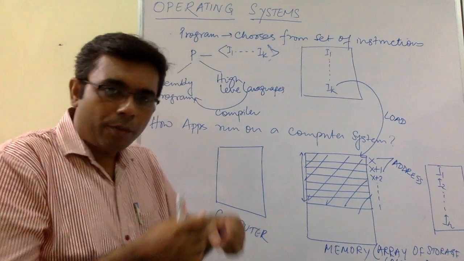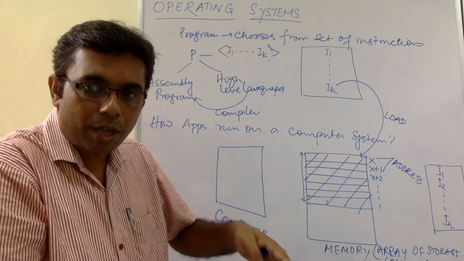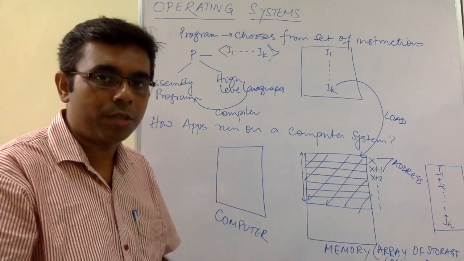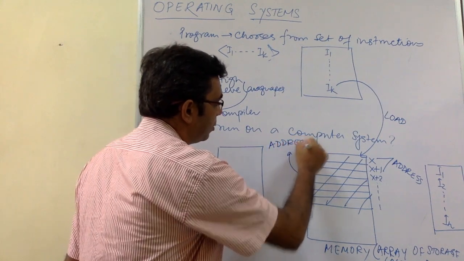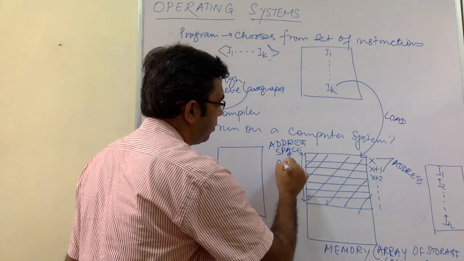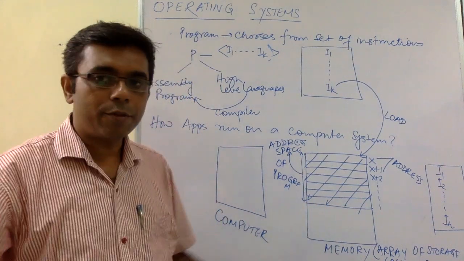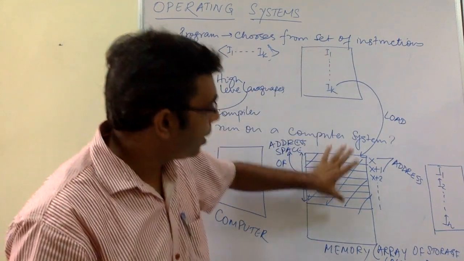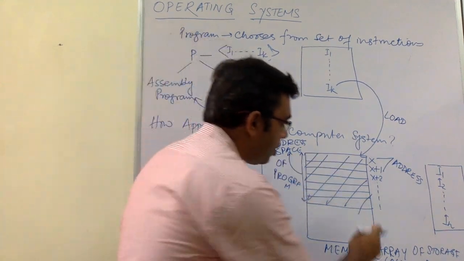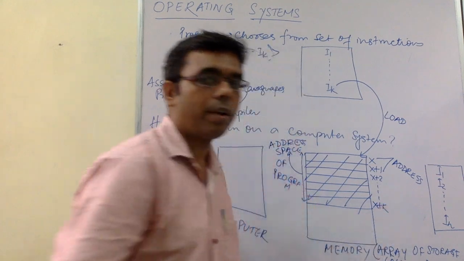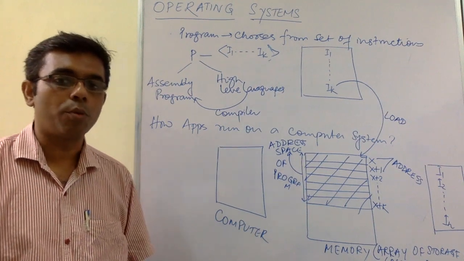The range of locations which this particular set of instructions stores into the memory is what you call the address space of the program. So the shaded part I have shown, let's say these instructions occupy this amount of space in memory. That means the range of addresses starting from x to, let's say, x plus k, is the address space of the program.